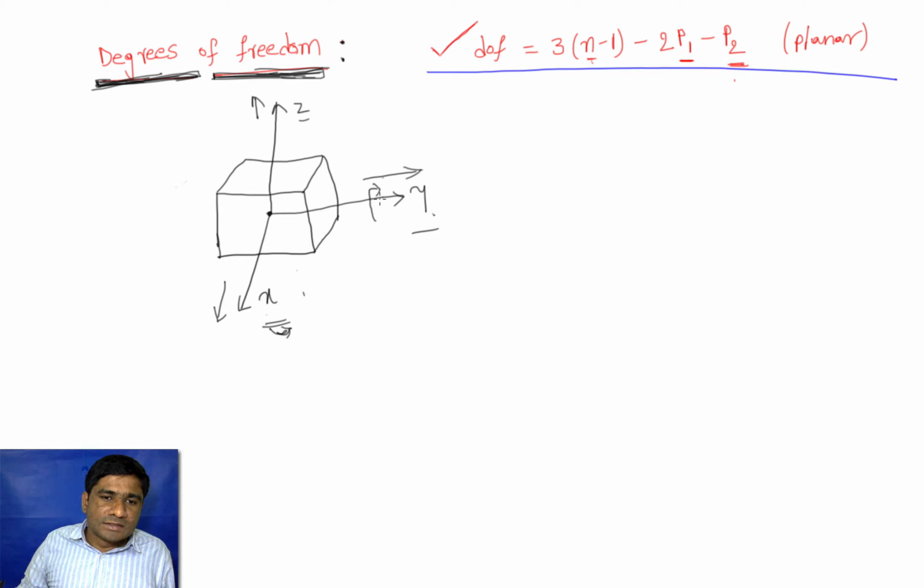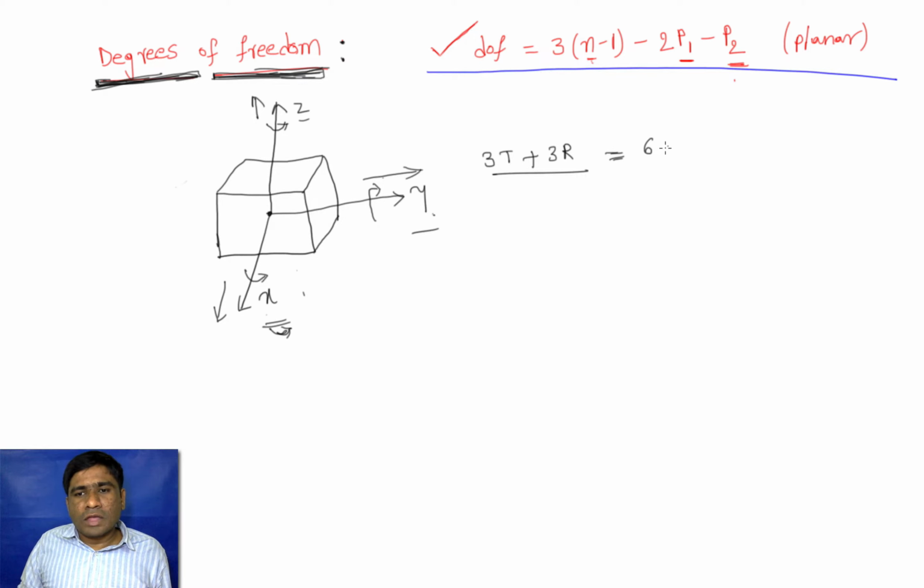The same body can rotate about the y axis, and also about the x axis and about the z axis. So can we say that the body has 3 translations plus 3 rotations? That means altogether it has 6 movements, so can we say this body has 6 degrees of freedom?